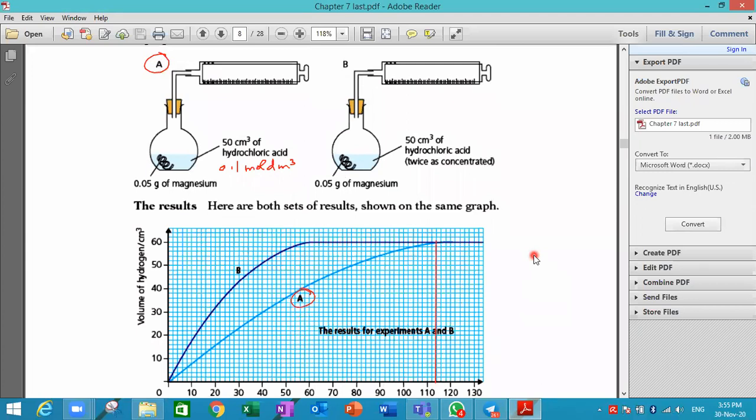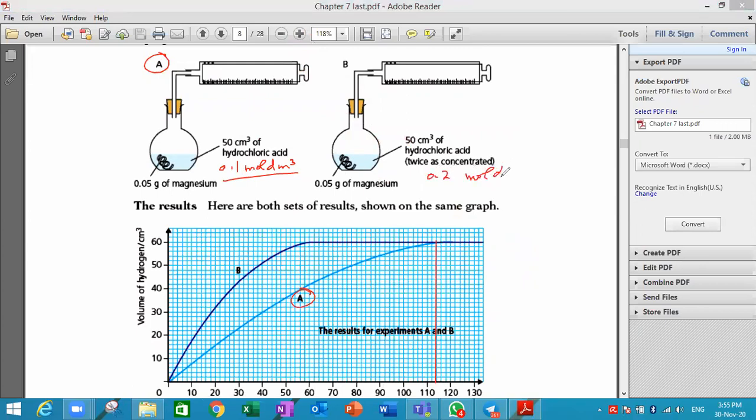Now, in the second experiment, we changed the concentration of hydrochloric acid from 0.1 moles per decimeter cubed to 0.2 moles per decimeter cubed, which means we increased the concentration to twice the value at the beginning.